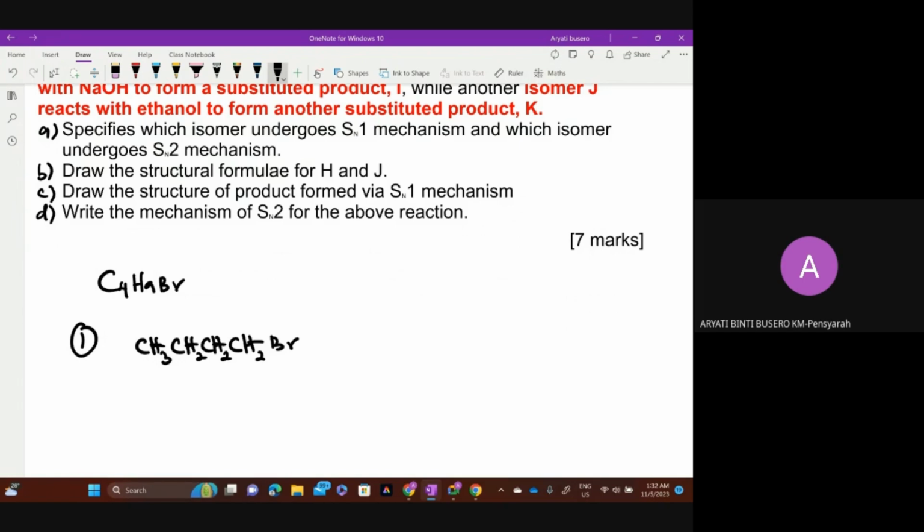Okay. Structure number 2 will be, ini adalah straight chain, tapi Br at carbon number 2. So CH3, CH2, CH, CH3. So calculate the number of hydrogen, 1, 2, 3, 4, 5, 6, 7, 8, 9 Br.